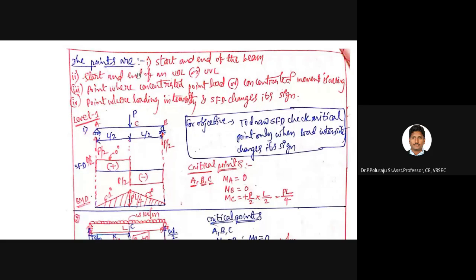What are the critical points? Start and end of the beam. Start and end of a UDL or UVL. You must know this. Point where a concentrated point load or concentrated moment is acting. Point where loading intensity and SFD change their sign. Where the load changes, or otherwise where the SFD changes.